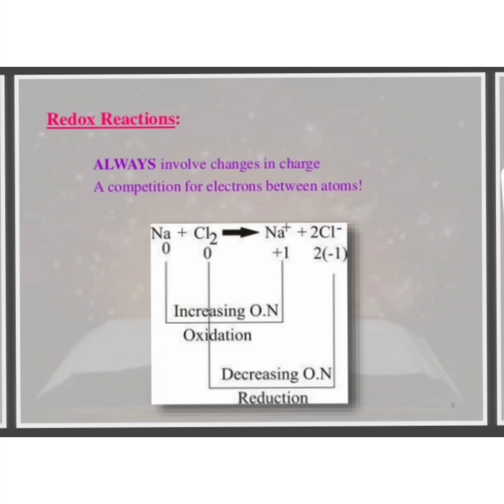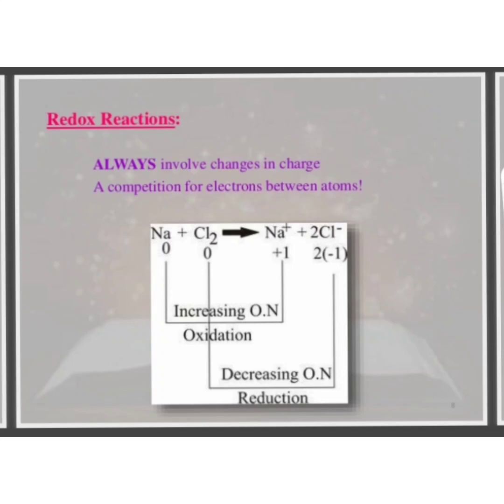For example, when sodium reacts with chlorine gas, it undergoes loss of an electron. When sodium loses one electron, it undergoes oxidation and its oxidation number increases from 0 to +1. It is an example of oxidation.